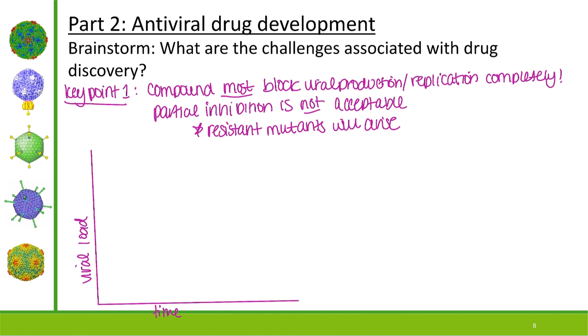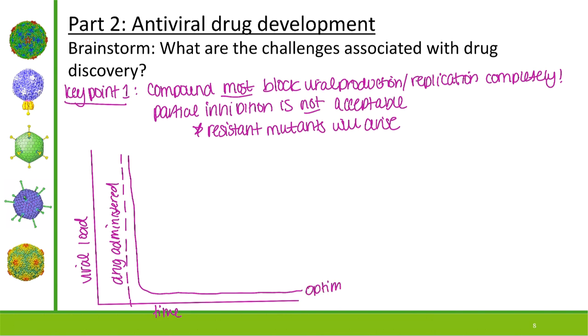So let's add a dashed line here. This is when the drug is administered. Ideally, when that drug is administered, you want to see a viral load that goes down and then stays down. This is the optimal dose.